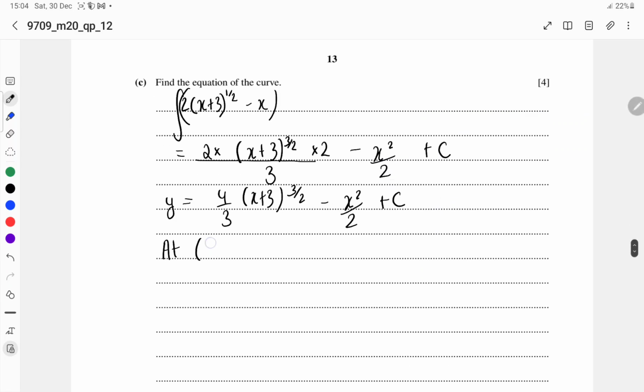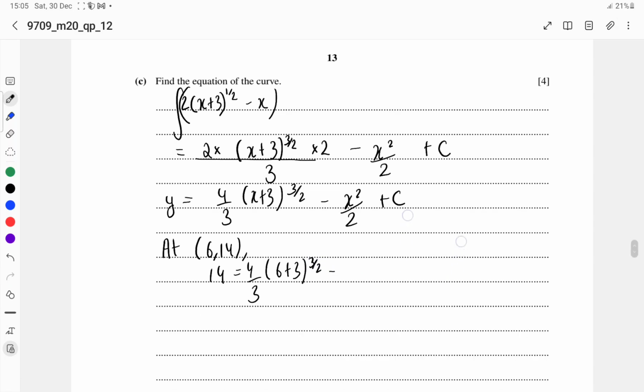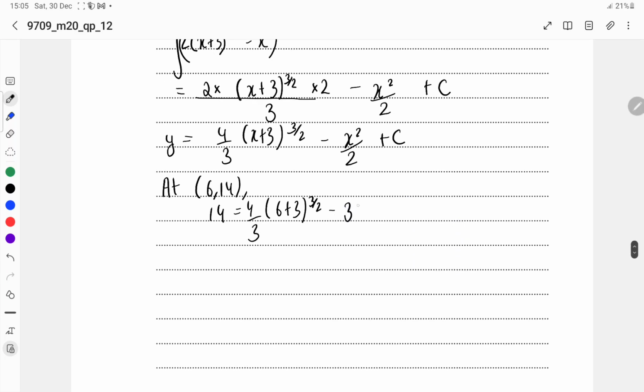At 6 comma 14, 14 equals 4 over 3 (6 plus 3) to the power 3 over 2 minus x, which is 6, so 6 squared is simply 36 over 2 plus constant, right?